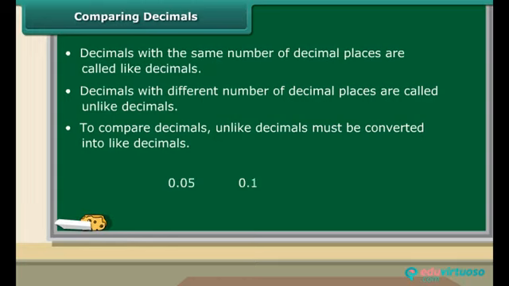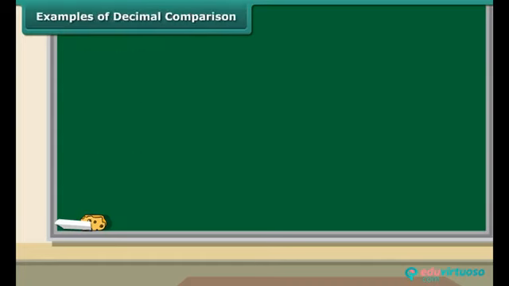Compare 0.05 with 0.1. We can write 0.1 as 0.10 because there are two decimal places in 0.05. Now it is easy to tell that 0.10 is greater as it represents 10/100ths, whereas 0.05 represents 5/100ths.